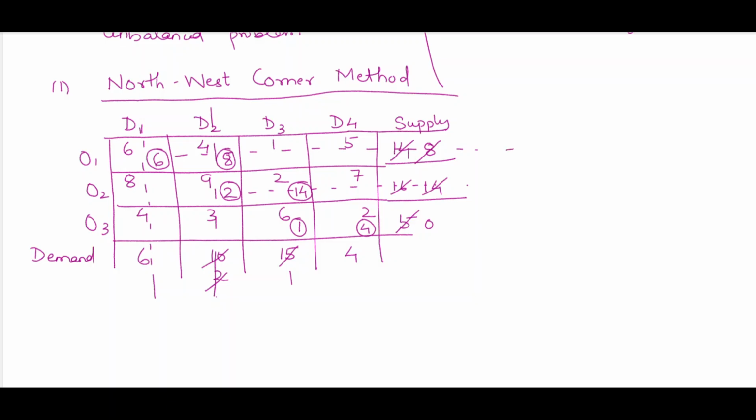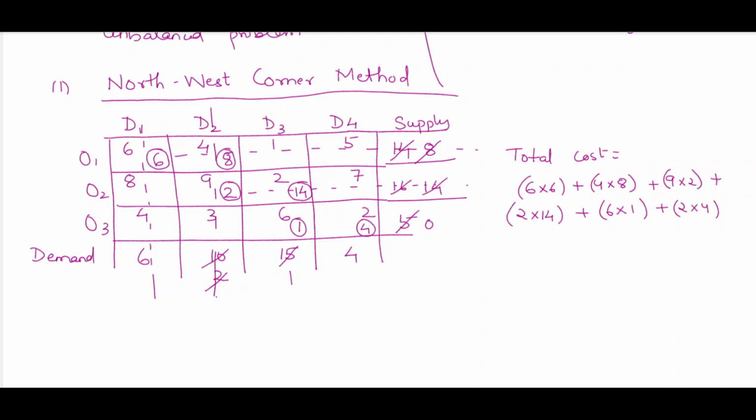Now the total cost is equal to the allocations made on this cell, this cell, this cell, this cell, this cell, and this cell. So it is equal to 6 into 6 plus 4 into 8 plus 9 into 2 plus 2 into 14 plus 6 into 1 plus 2 into 4.